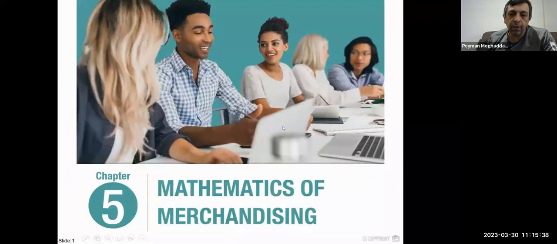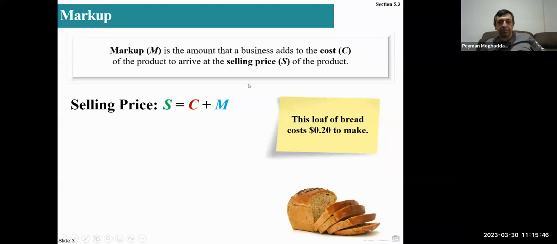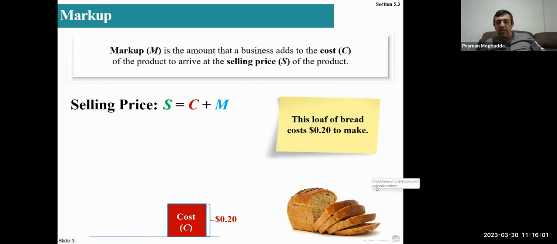All right. So in this course, we're going to discuss markup. So what is markup? Okay. So markup is the amount that a business adds to the cost of the product to arrive at the selling price of the product. Okay. So for example, this loaf of bread costs 20 cents to make. So the cost to make is just the cost of raw material, right?